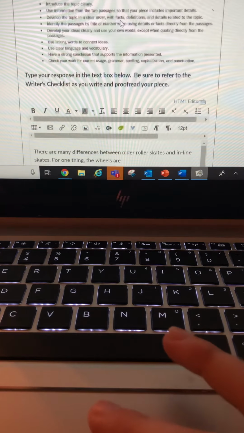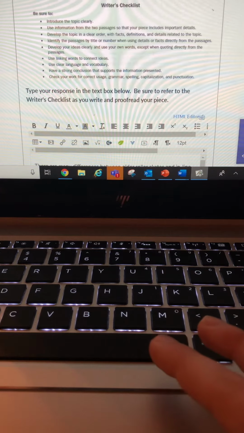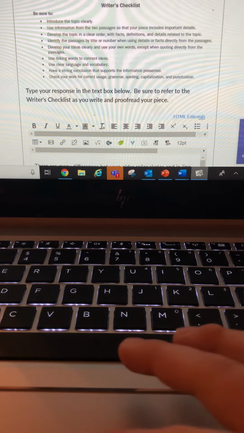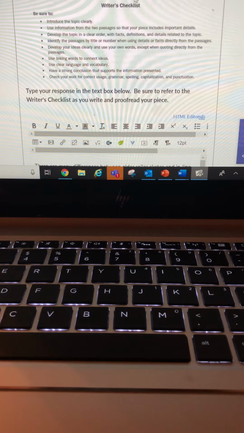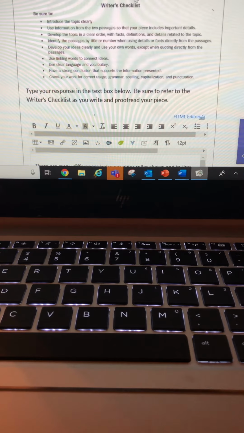So the very first thing I would do is look at the directions, read both passages, and then maybe even as you read, highlight the different ways that roller skates are different from inline skates, because there are lots of different things you can find in the passage.